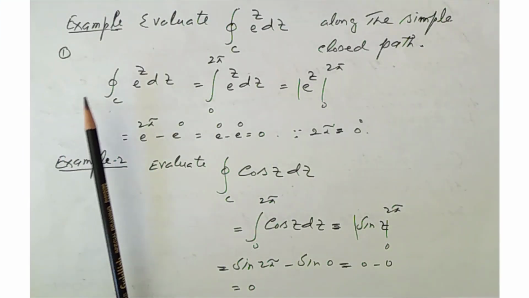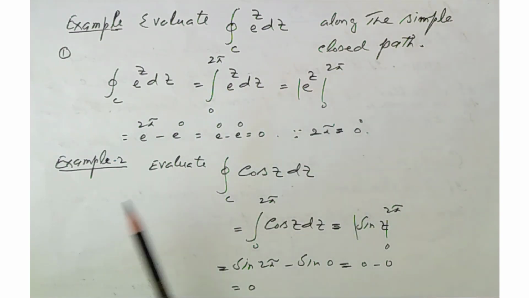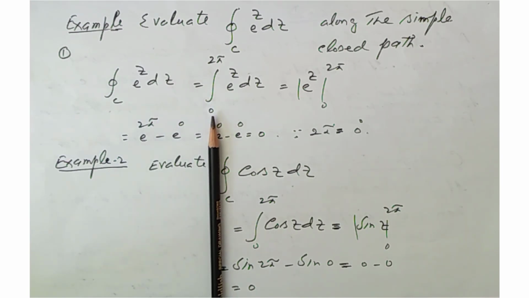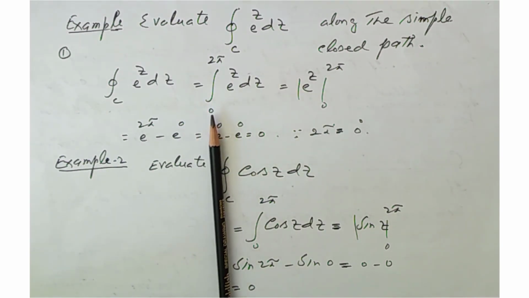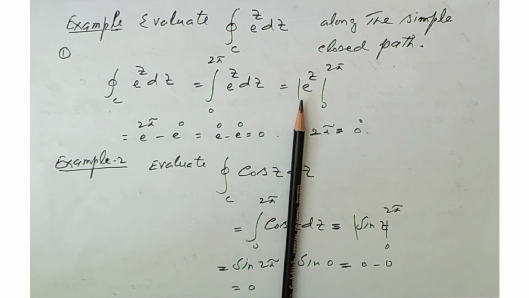Now we have a few examples. Example 1, evaluate the integral of e^z dz along the simple closed path. The integral of e^z dz, because the path is closed, we take the limits from 0 to 2 pi. The integral of e^z is easy.